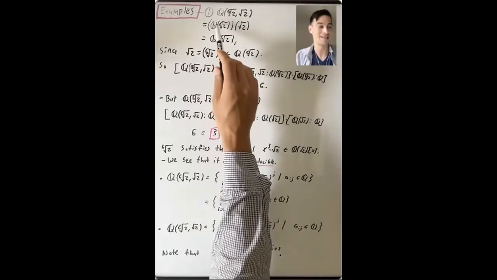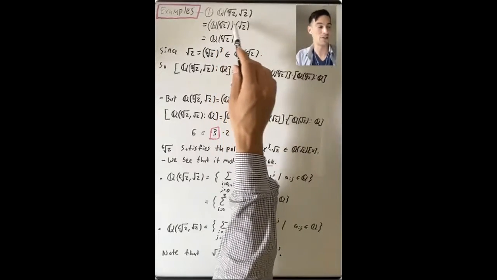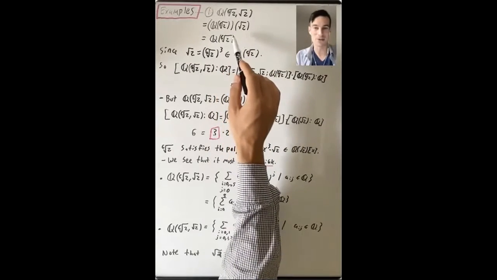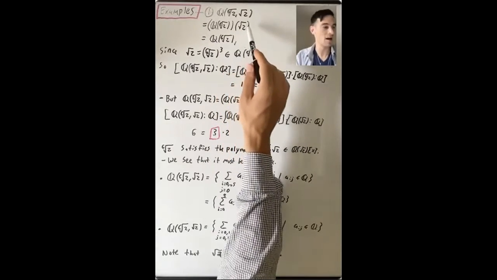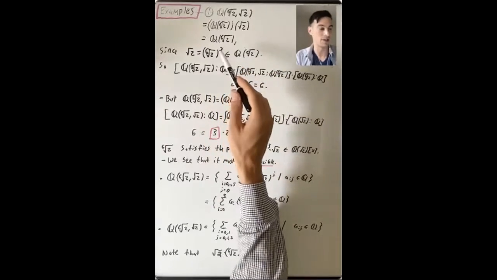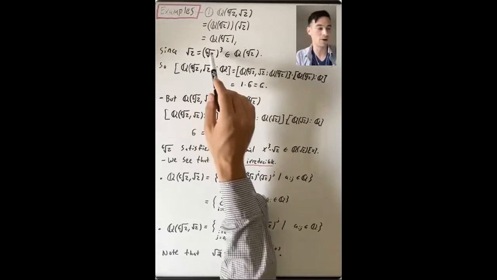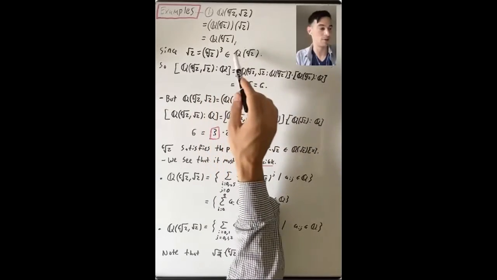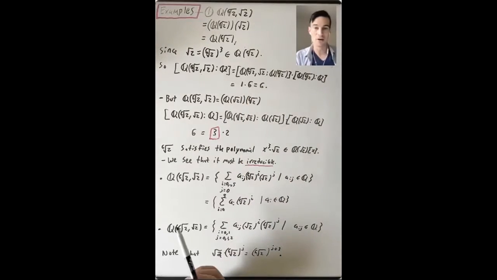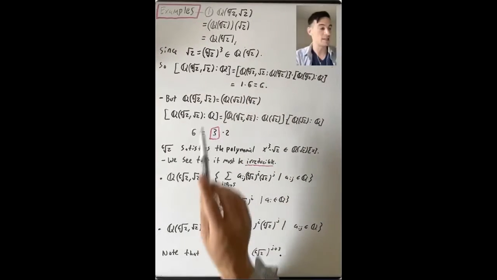So this is Q adjoin the 6th root of 2 adjoin the square root of 2. But this just is Q adjoin the 6th root of 2 because square root of 2 is already in this field. Why? Because square root of 2 is the 6th root of 2 cubed, which is clearly in Q adjoin the 6th root of 2.